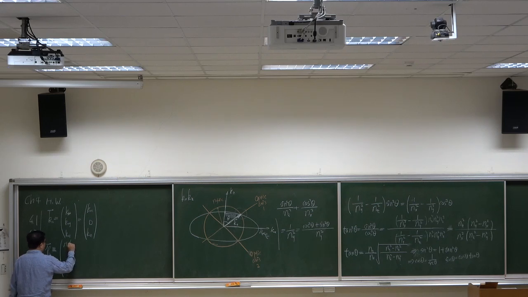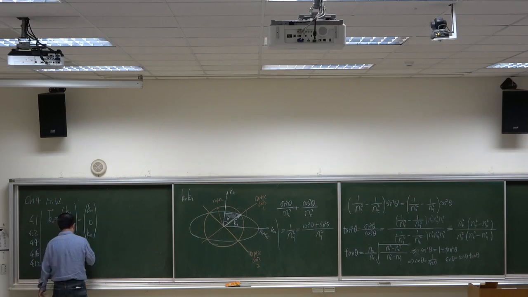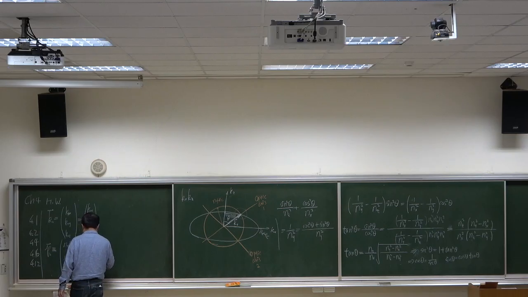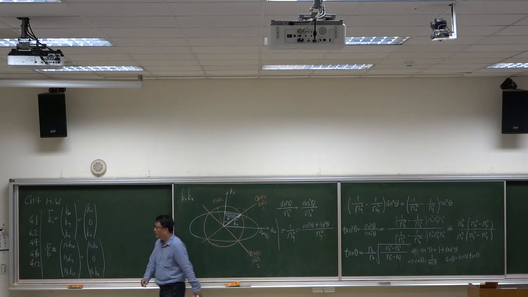I define P0 as nx times K0x, ny times K0y, and nz times K0z, which is this. Okay.